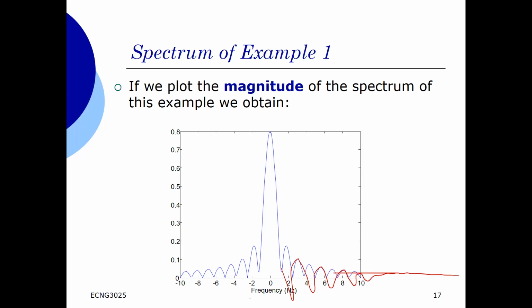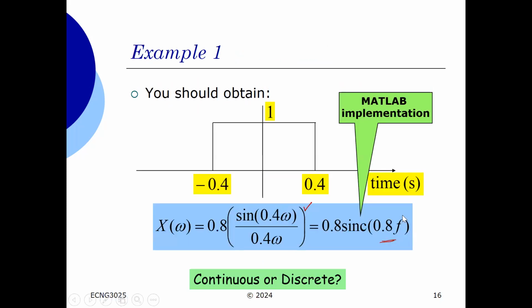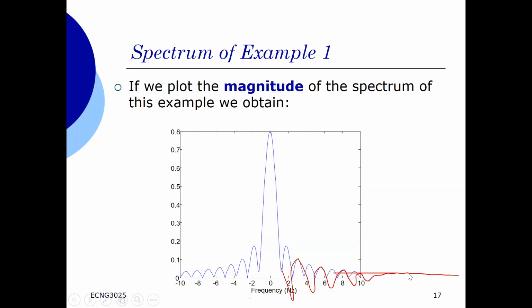So this is the magnitude spectrum of a single pulse that is about 0.8 seconds wide, and one, so let's say it's a 1 volt signal, and it's 0.8 seconds wide. You do the spectrum of it, you get something looking like this.